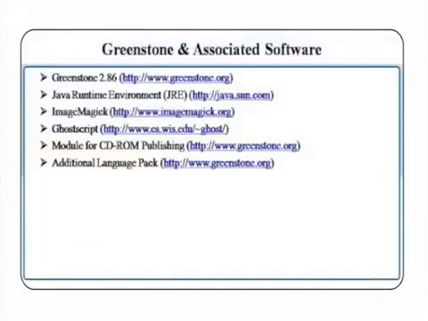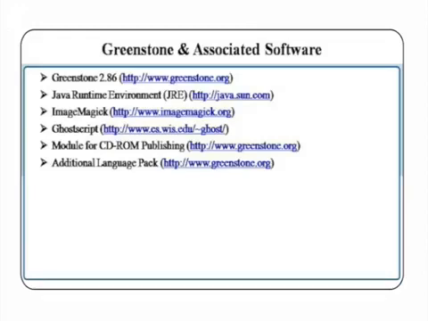And what is the software used for? Suppose I talk about Greenstone, just one software will not be sufficient to install in the system to get Greenstone, or associated software. Java is a compulsory component because the Java runtime is required for the browser support.